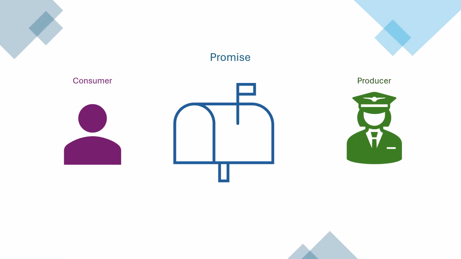The mailbox serves as a place for the producer to put the value once the process is complete. If the delivery isn't ready yet, then the mailbox will be empty. If the delivery is complete, your package will be inside the mailbox. And if the delivery fails, you might find a note explaining why the delivery didn't arrive.